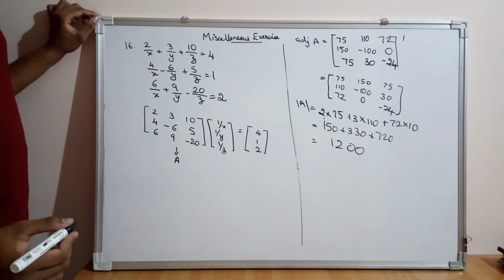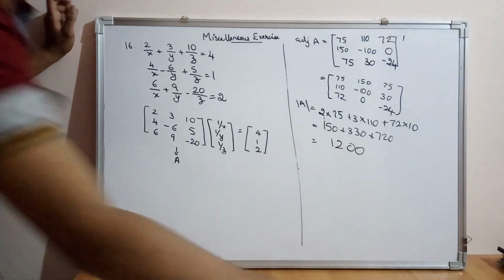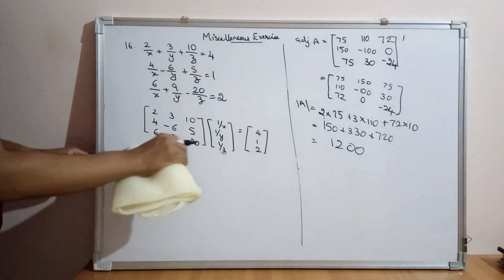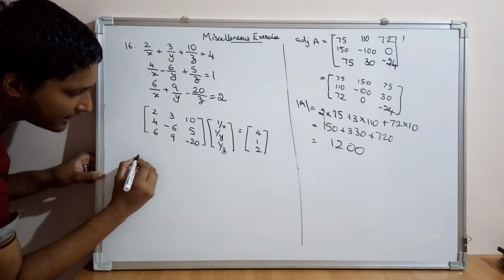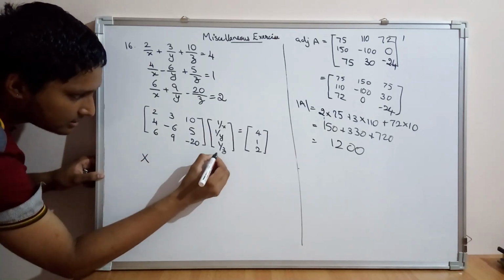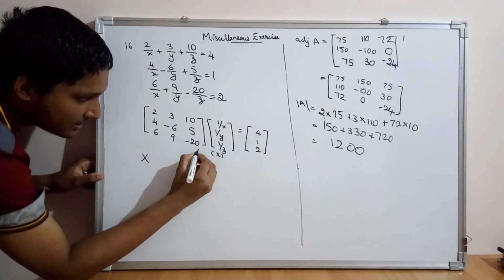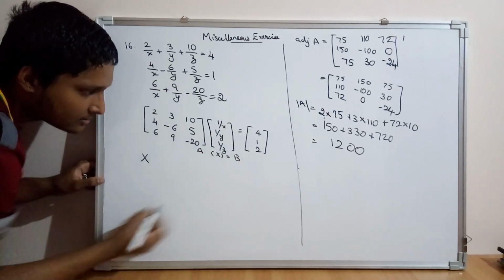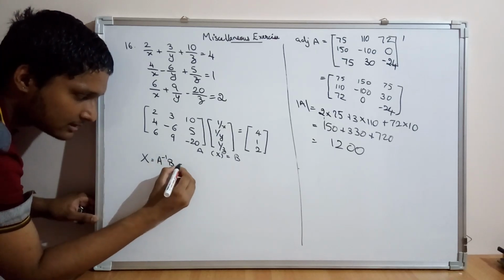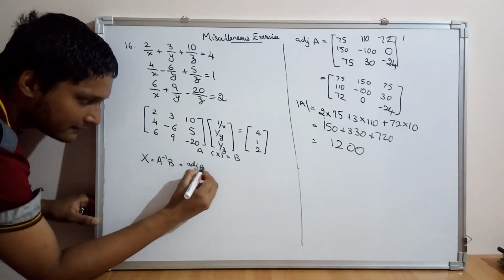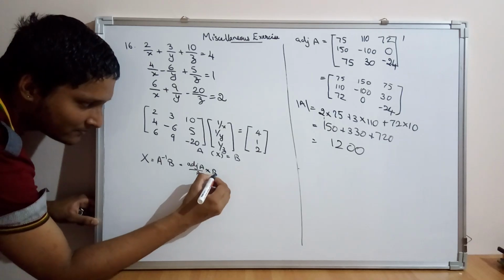The remaining thing is about multiplication. Next we need to find the matrix here. Ax is equal to b, so x is equal to A inverse of b. That is equal to adjoint of A divided by determinant of A, into b.